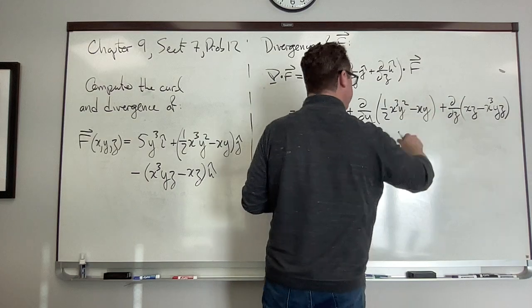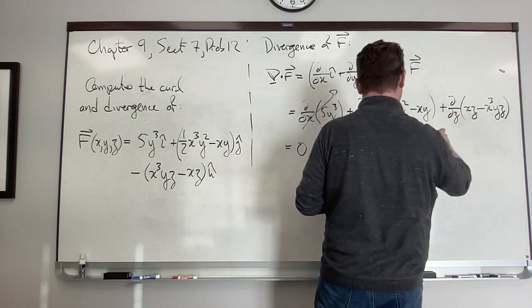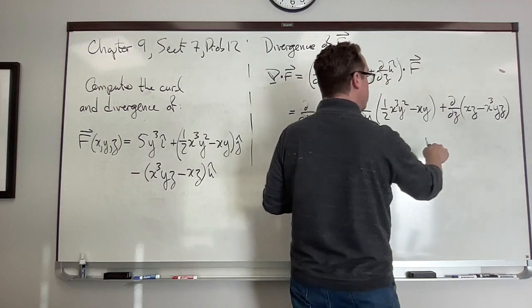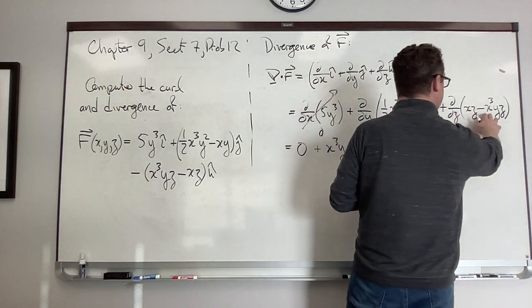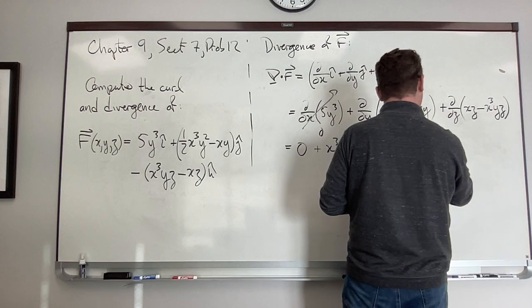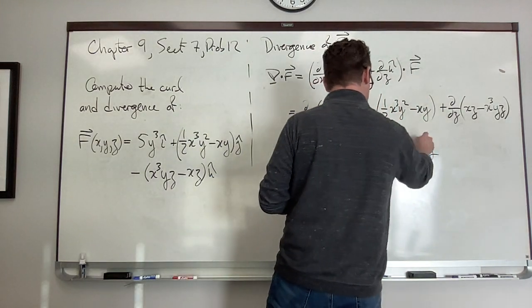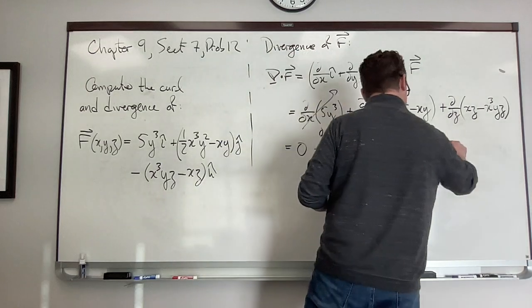And then we keep on adding, plus ∂/∂z of this, so that's plus x. You might see what's coming here, ∂/∂z of minus x cubed yz gives minus x cubed y. And that equals 0.